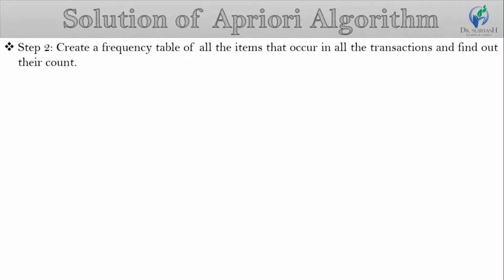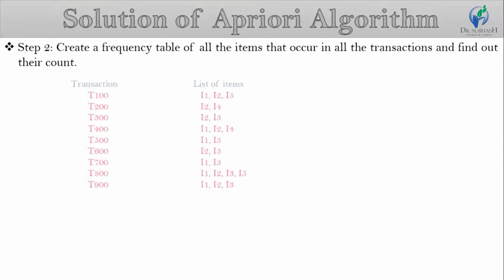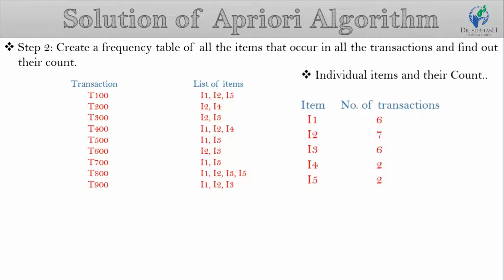Now in the next step, we scan the database to find the occurrence of the item sets in the database. Based on the given table, we find out each individual item with its count.